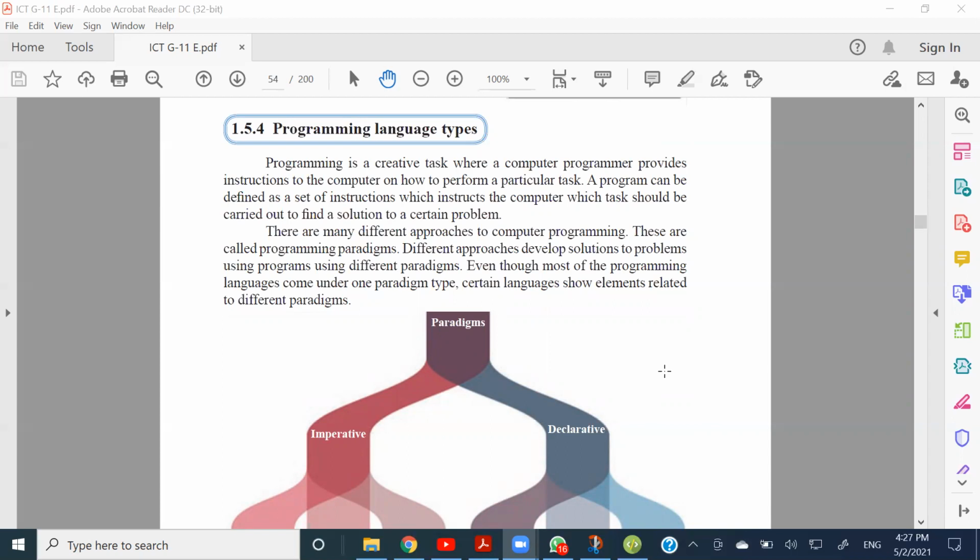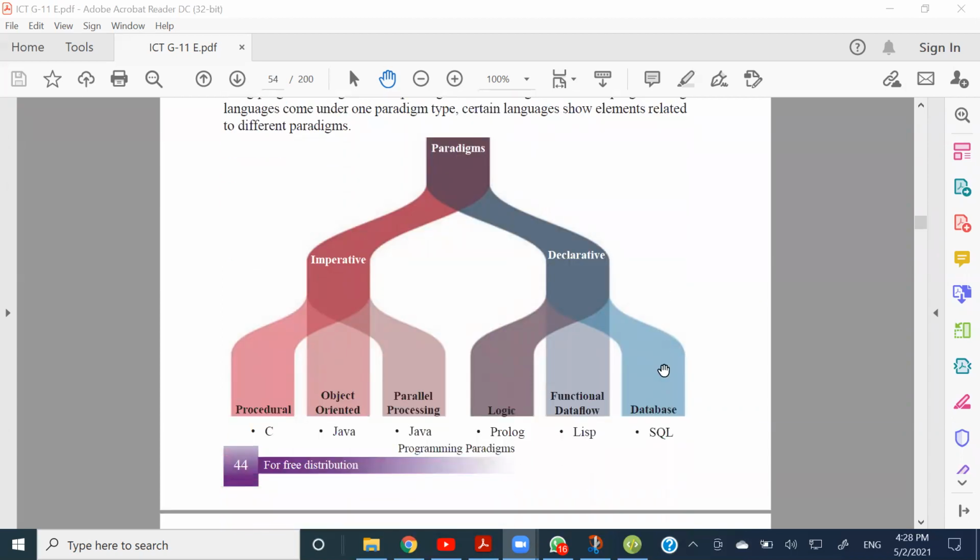These are different approaches that can be used for programming itself, indicated as paradigms, right? So there are two different approaches which we call imperative and declarative, right?